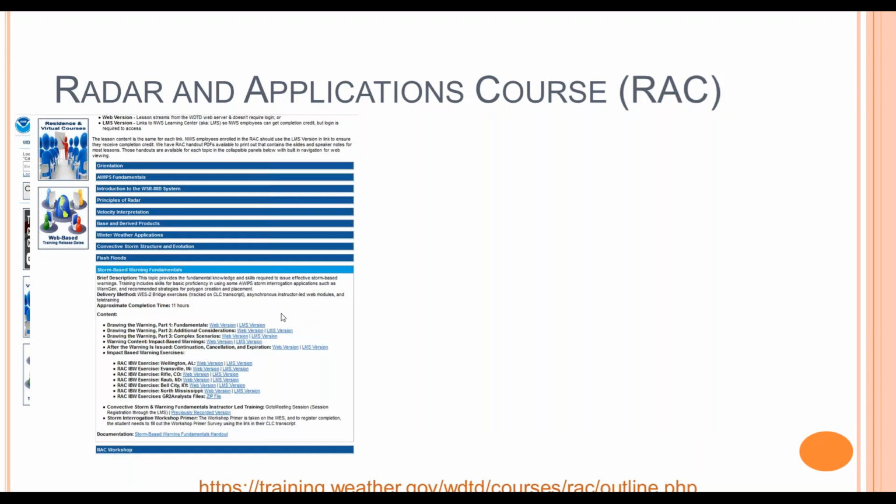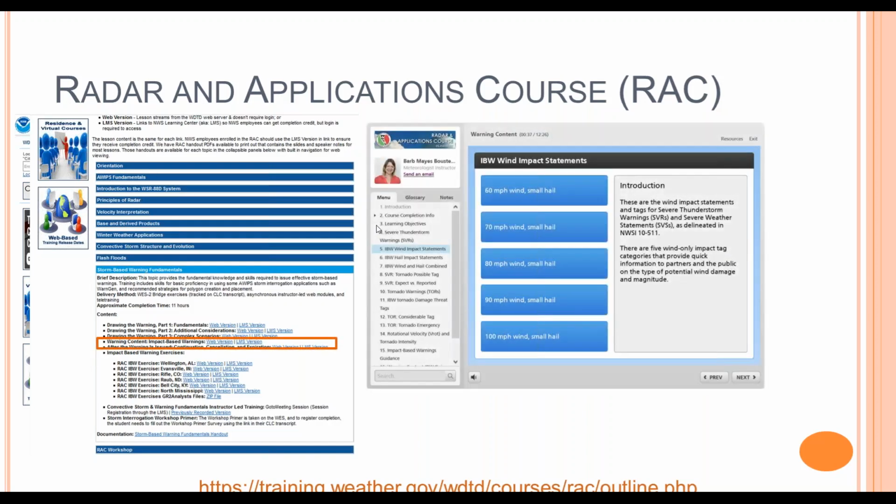And then finally, the fourth module. In the fourth module, we cover impact-based warnings. There used to be 2 fairly long modules that covered this, and this one module replaced that and streamlined it, adding some emphasis on when to include considerable or catastrophic tags in tornadoes.